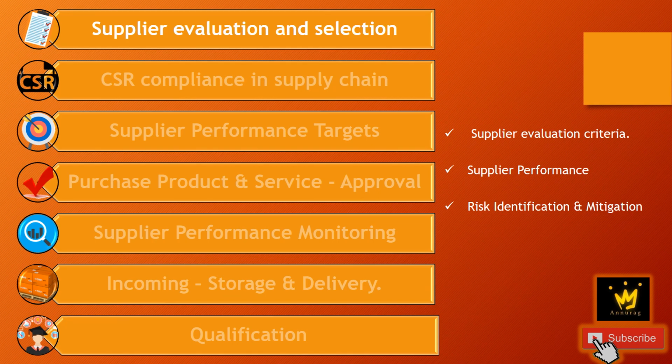Is the risk analysis done across the supply chain? Whether the proper identification, evaluation and reduction of risk is being done with a proper action plan, and whether there is a contingency plan for the suppliers or not. So these are the things which you will check while you are evaluating this question on supplier evaluation and selection.